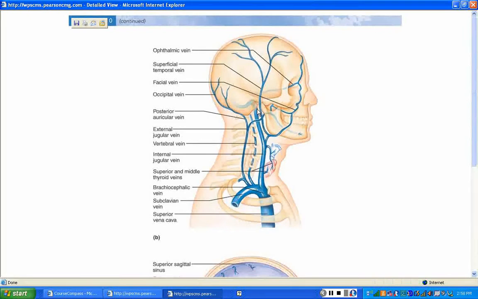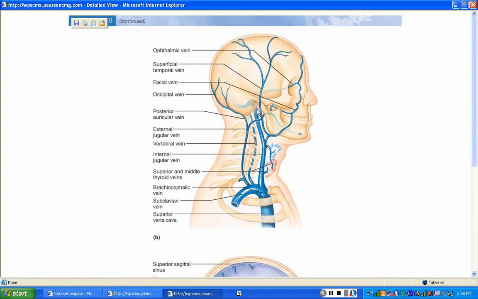What two vessels do you think carry blood out of the brain? Which one? Vertebral's right. What's the other one? Which jugular? Internal. Internal jugular. Good.